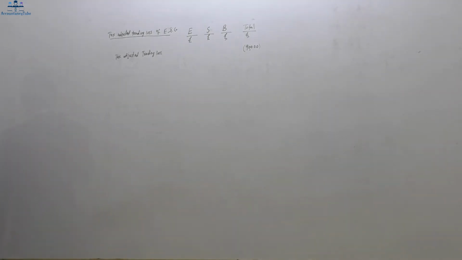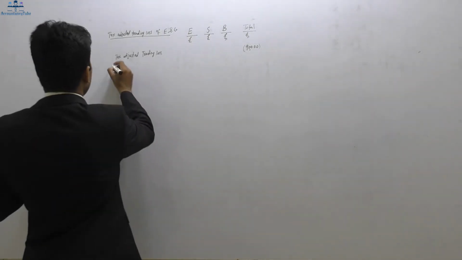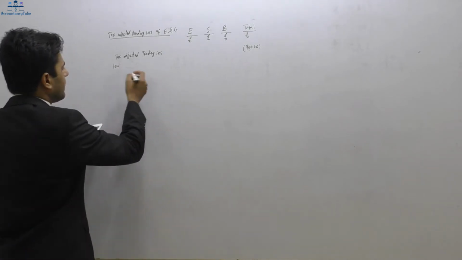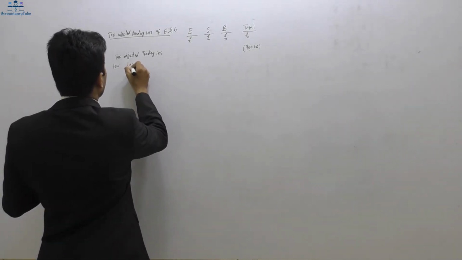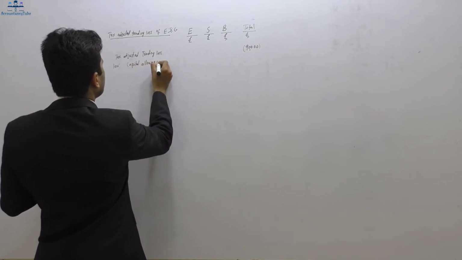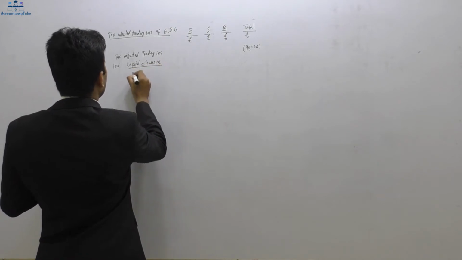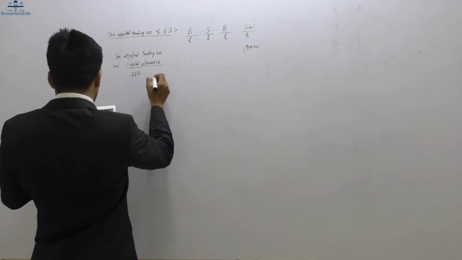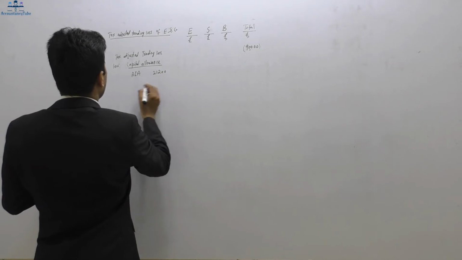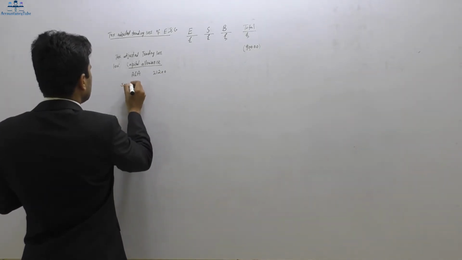After that, we have to deduct the capital allowance out of it. We haven't deducted the capital allowance yet, so we'll deduct it. Normally we write it down as less, so less capital allowance. In capital allowance, there will be annual investment allowance of 100% on 21,200, and small balance allowance as well.